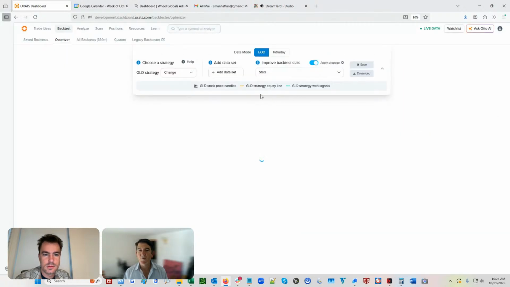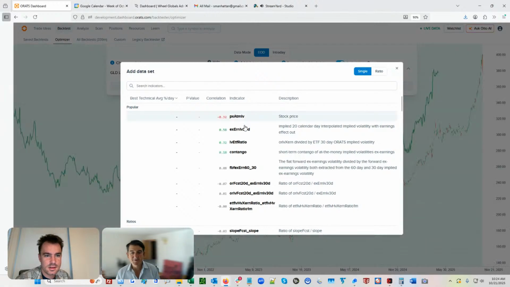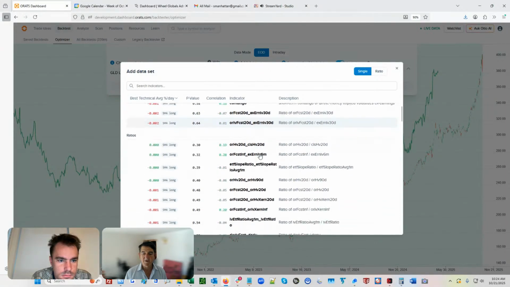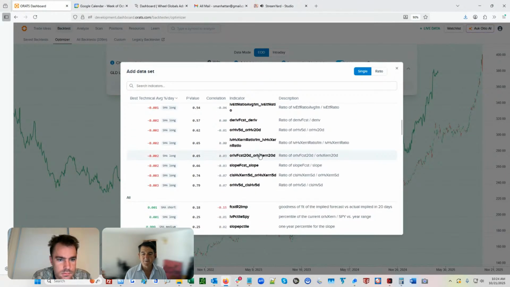I didn't have the foresight to do it in here, but what Tyler's talking about is we could actually find these ratios. I wonder what the best. It might be contango. These are fixed ratios that we have in here.